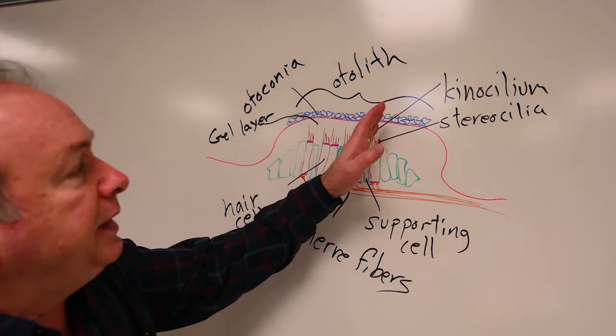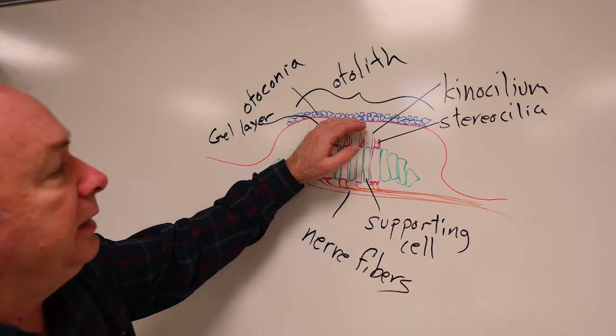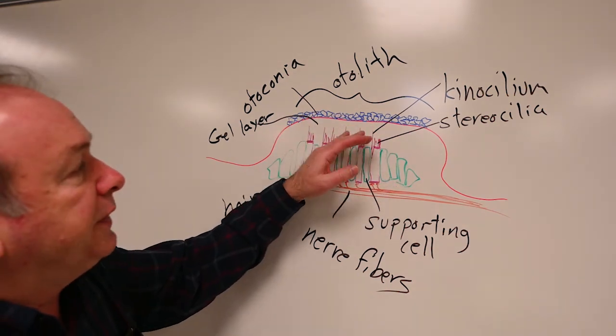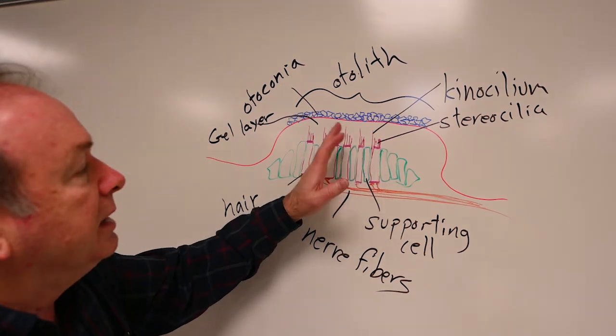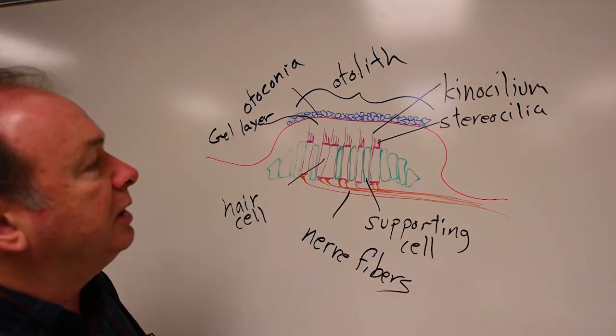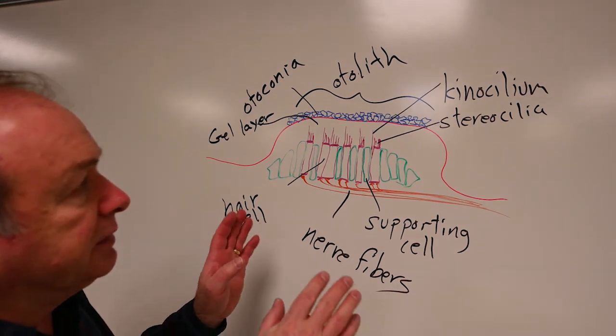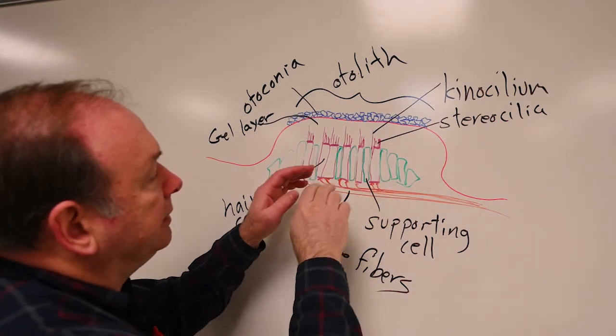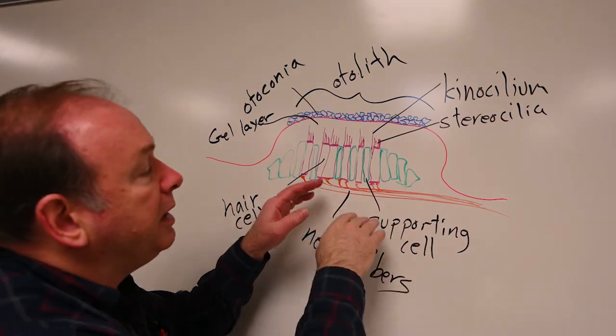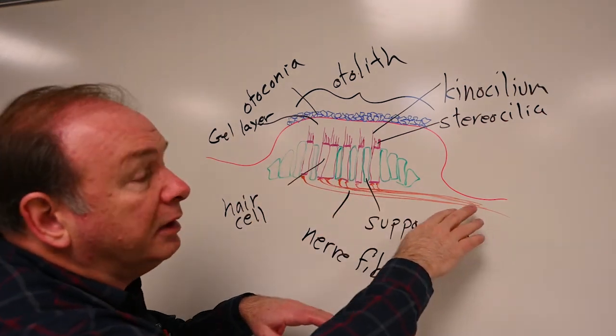Gravity will pull on the denser material, and the gel layer moves with the sagging of the autoconia to one side, and that causes a deflection of the hair cells, this kinocilium and stereocilia that extends up into the gel layer. When they deflect in one direction, they depolarize and increase the signal going to the brain.